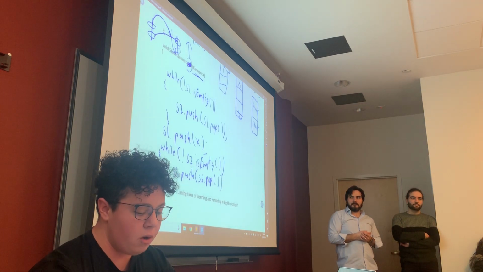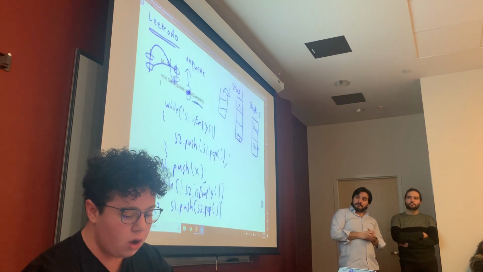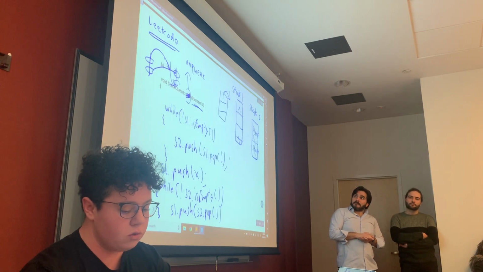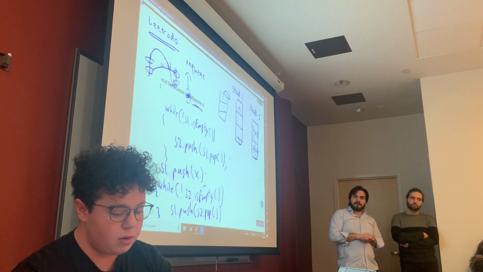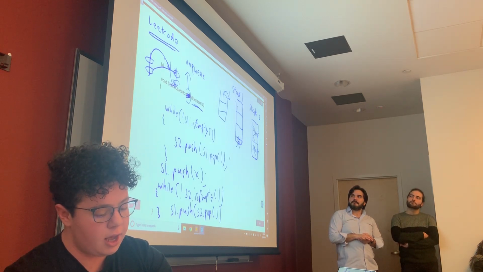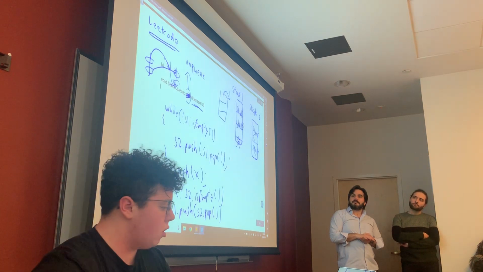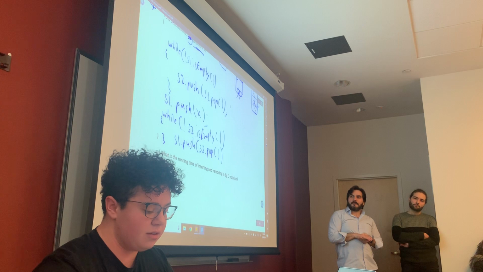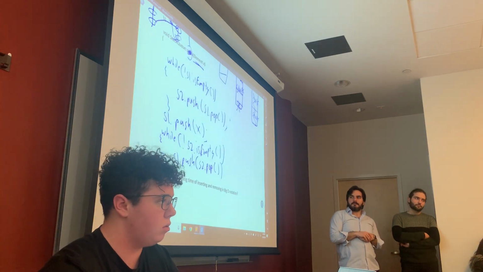So, at this point now, we have taken all our stuff on stack 2 and we're putting it on stack 1, so now x has ended up all the way down here, and the stuff is all here. So, does that make sense to everyone? And now we have a queue.